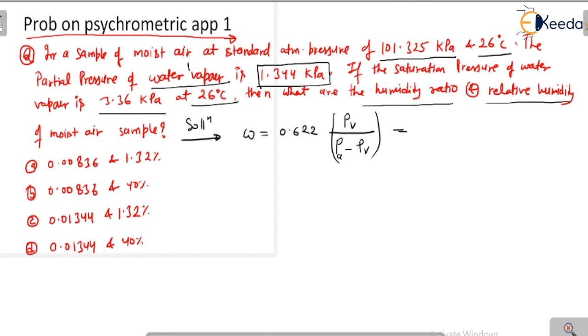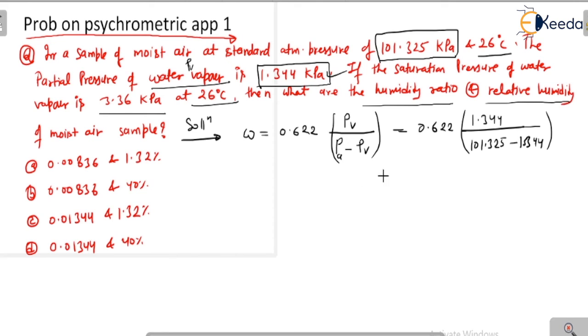So you have to write 0.622 in brackets, 1.344 divided by this atmospheric pressure, which is 101.325 kilopascal. This is also in kilopascal, so no problem. And here 1.344 is your PV value.